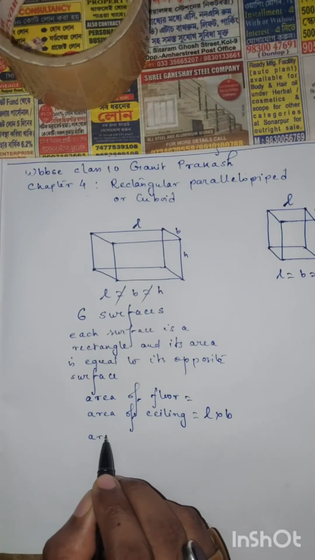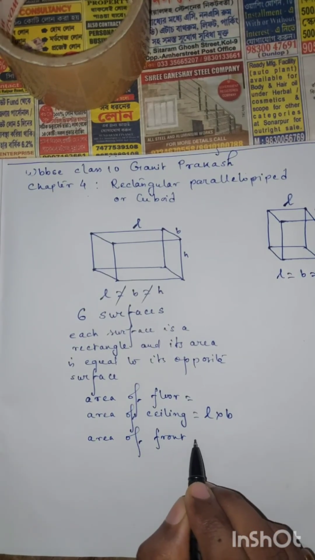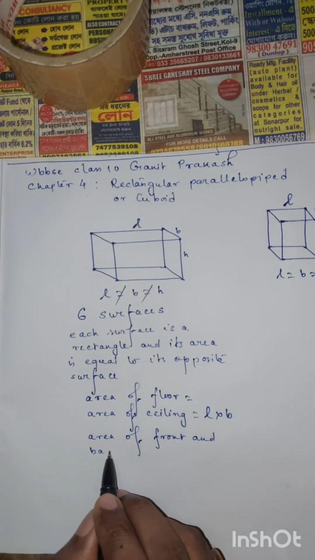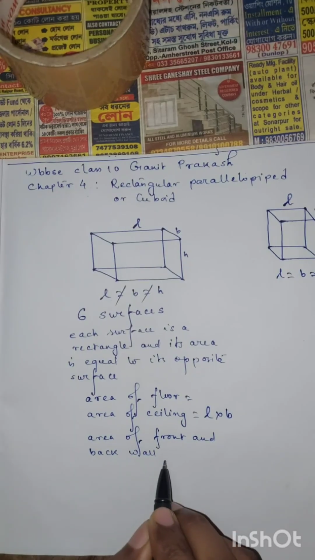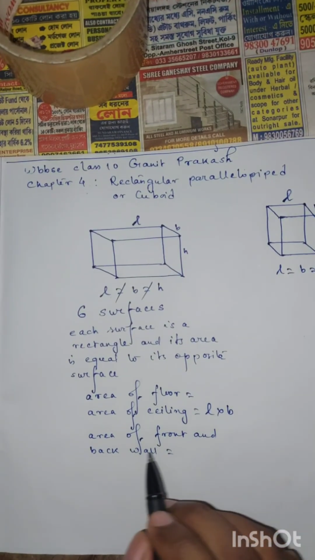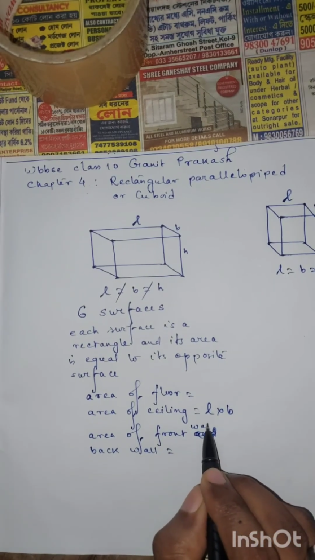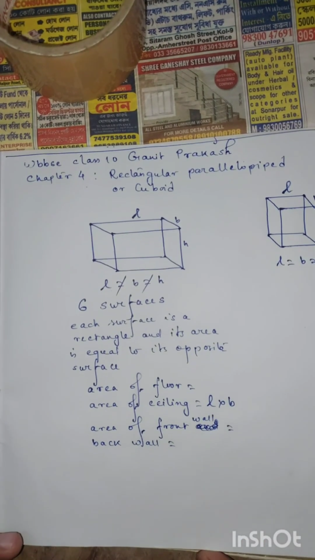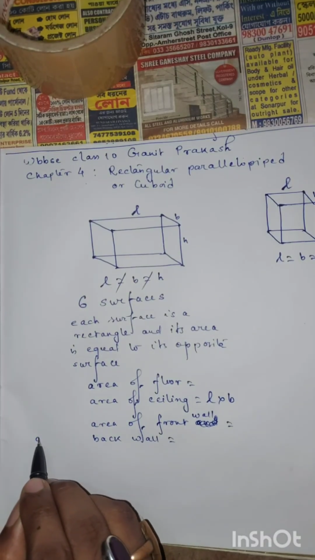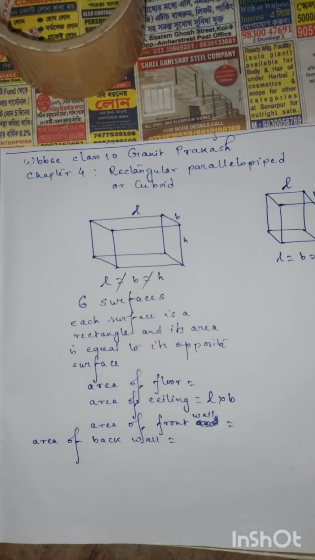Area of front and back wall. Area of front wall is equal to area of back wall.